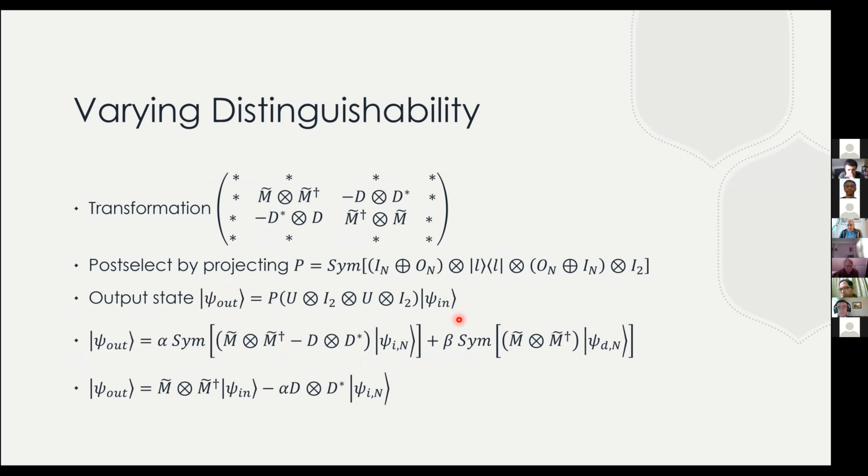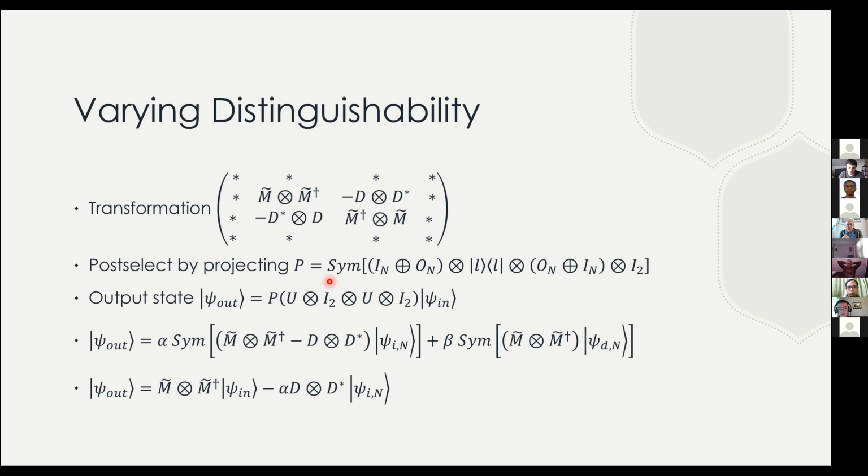And from that, we determine this is the overall transformation these photons are being acted on, in terms of how we're inputting one into the forward system and one into the reverse system, and similarly post-selecting on one being output of the forward and another being output of the reverse system.